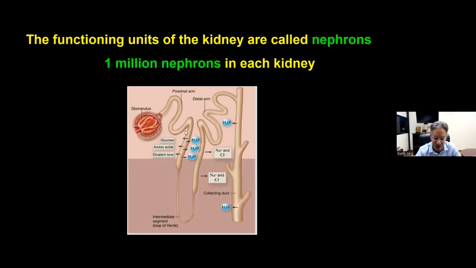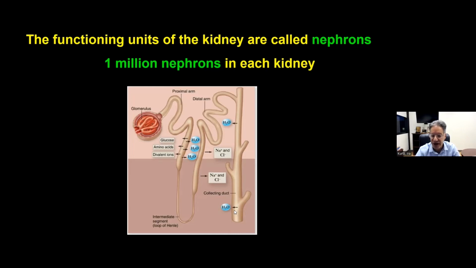Because remember, three times a day you're eating, and all the chemicals in your food are getting into your bloodstream and changing the chemical composition of your blood. And it's the function of the kidney to recognize all the changes in the blood chemistry and change the composition of the solution within the nephron, such that when you urinate, you're actually excreting chemicals that have accumulated in your blood to keep the blood chemistry constant.